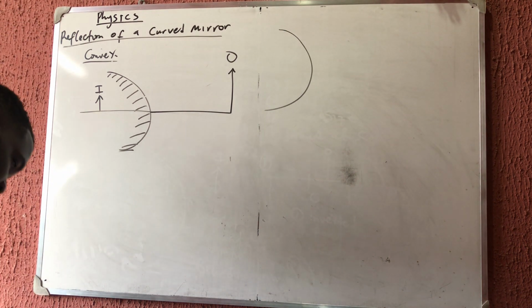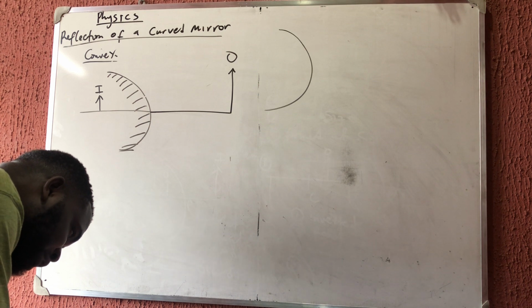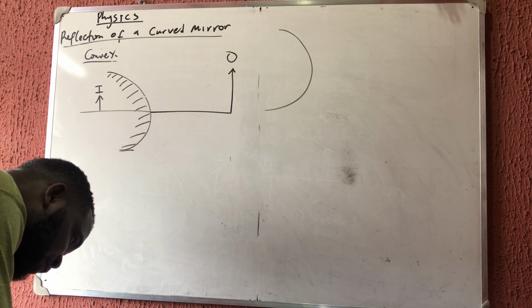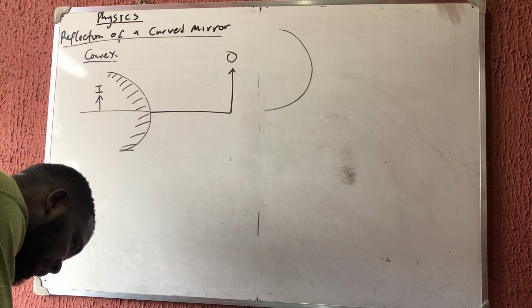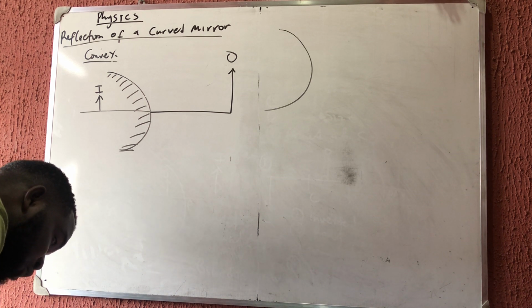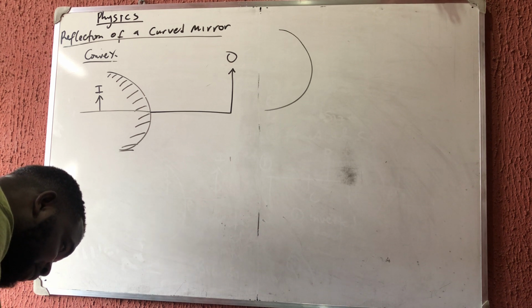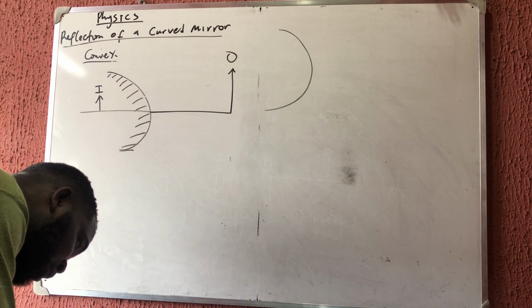So they say that an object is placed at a distance u in front of a curved mirror of focal length f. If the image formed is upright and magnified, then the mirror is: concave with u greater than 2f, convex with u greater than 2f, convex with u equal to f, or concave with u equal to half of f.